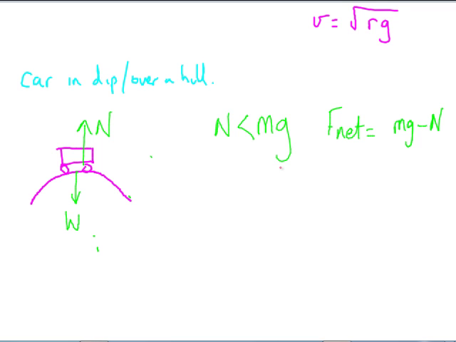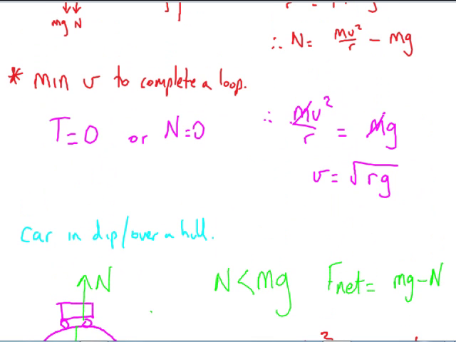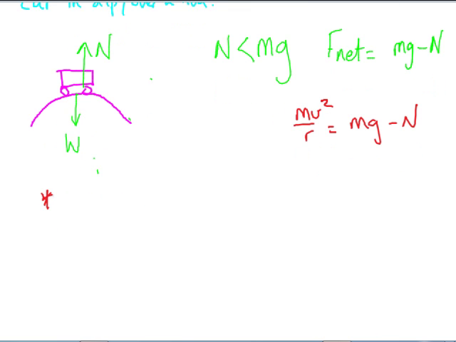So in this scenario, you've got mv squared on r equals mg minus N. And this is where the variation to the minimum velocity question comes in. Here we've got the maximum velocity to go over the hill. If they exceed this velocity, or at the point where there is no normal reaction force, exceeding this velocity means that the car then gets airborne.